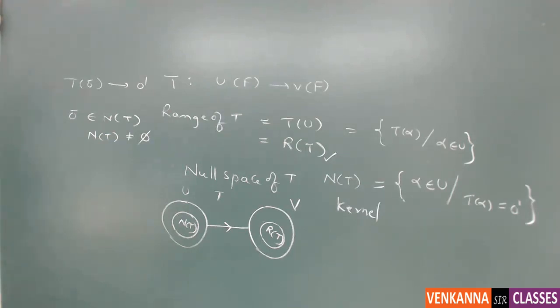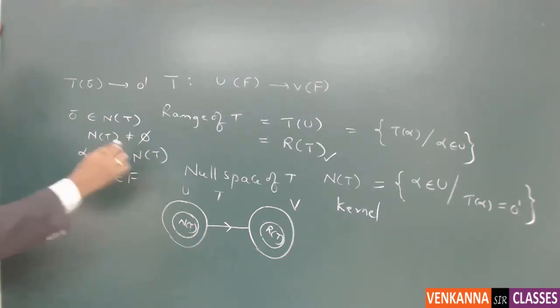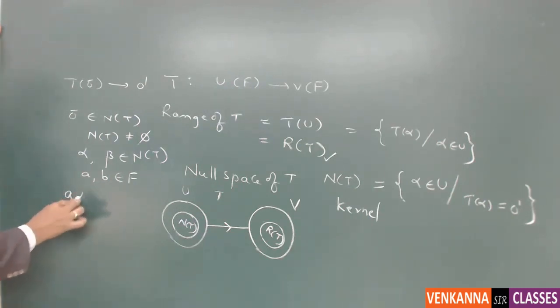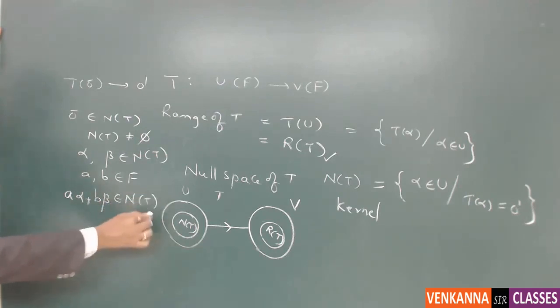To prove it is a subspace, I make use of the necessary and sufficient condition. I take two values alpha, beta belonging to N of T, and a, b, two scalars belonging to the field F. I should prove that a alpha plus b beta belongs to N of T. Then I am done with my task.